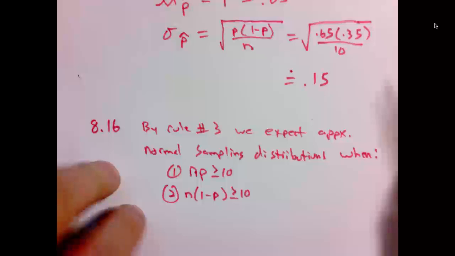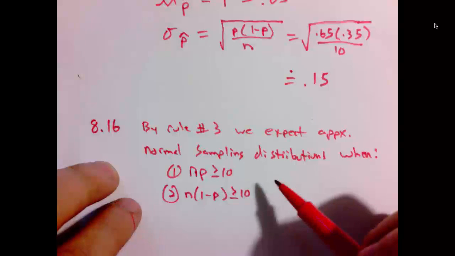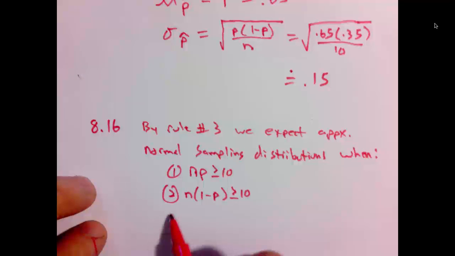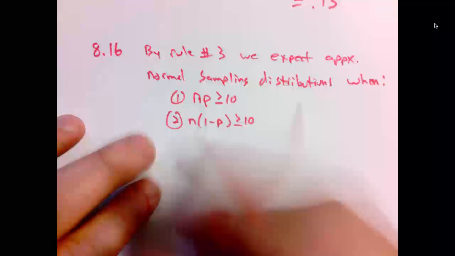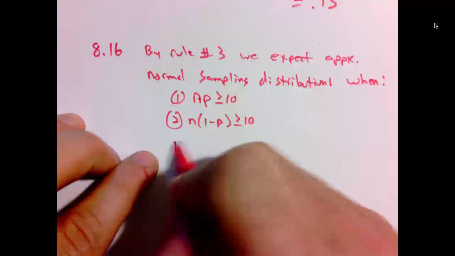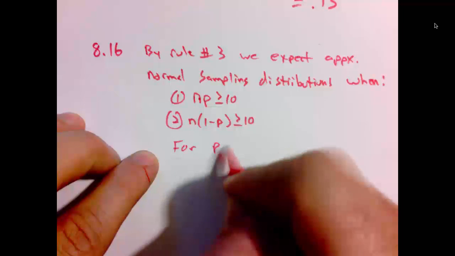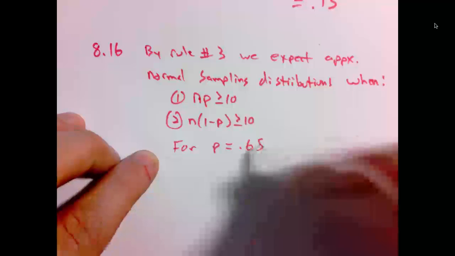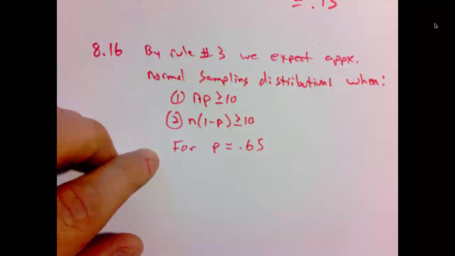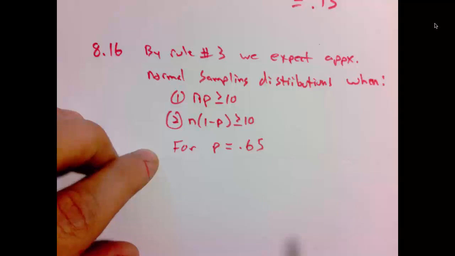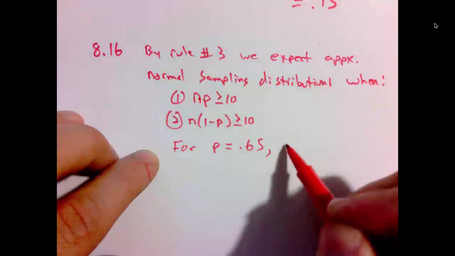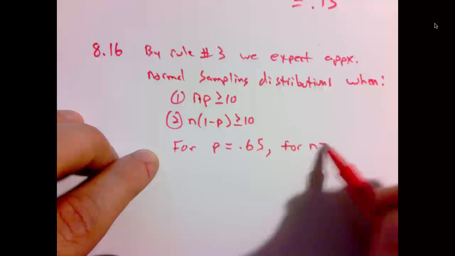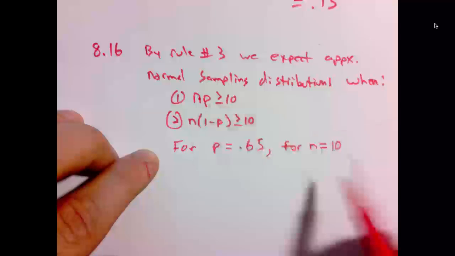Well, for p equals 0.65, I'm going to look at n equals 10, substituting into my formulas.